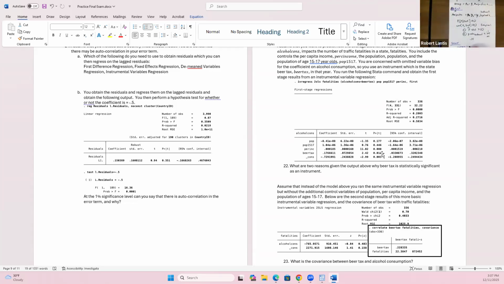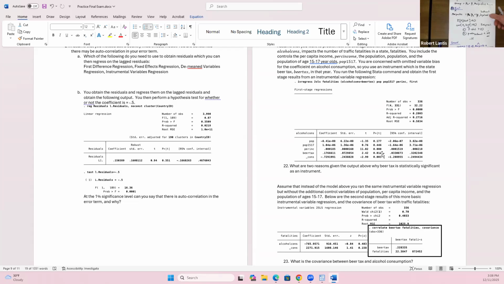Instead of using the actual values for X, I will now, from my first stage regression, predict those X values. And instead of using the actual X values, I will include the predicted X values and all of my additional controls.